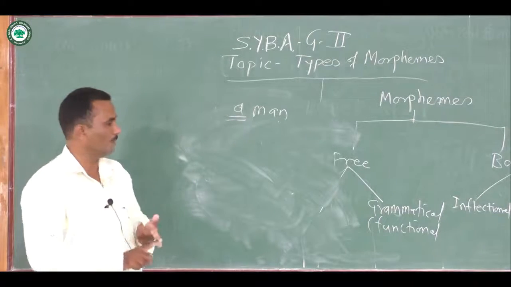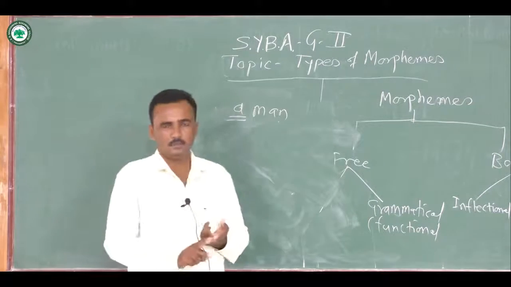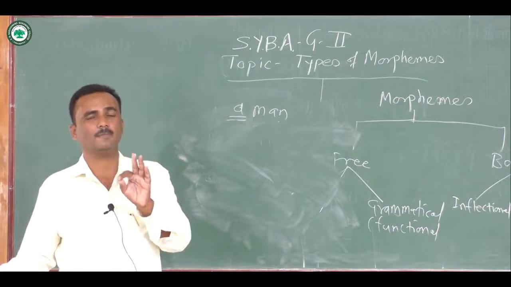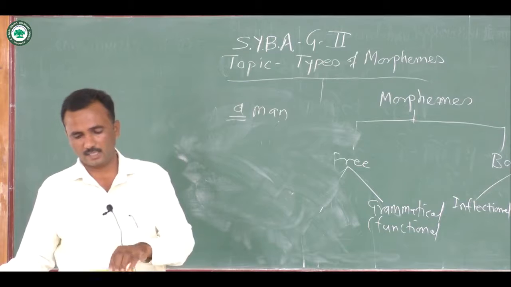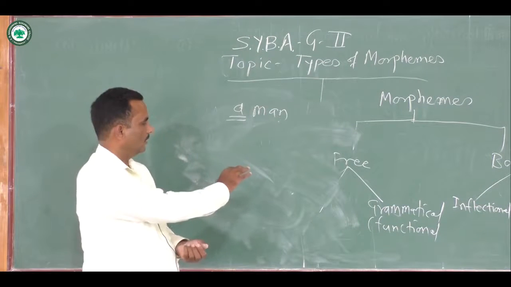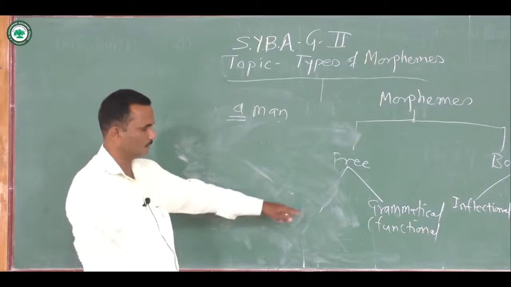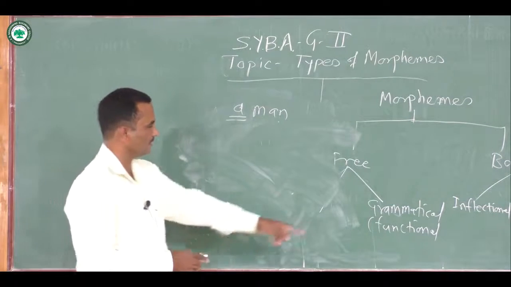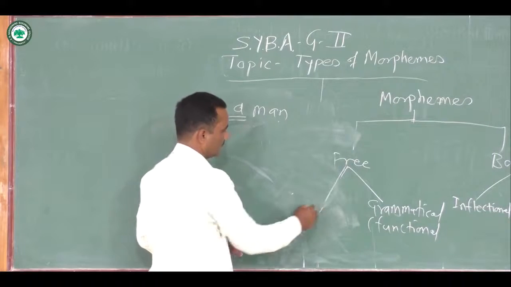So remember, both lexical morphemes, that is open class, and closed class, come in the category called free morphemes. Then we are going to discuss the next category, that is grammatical or functional.